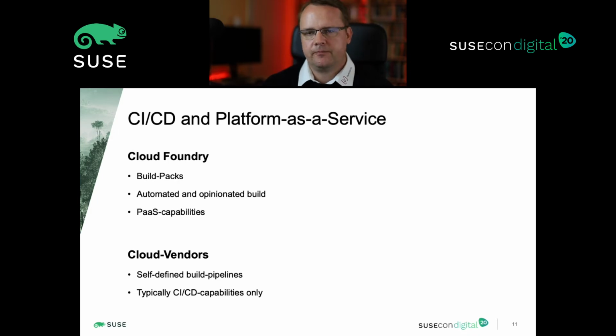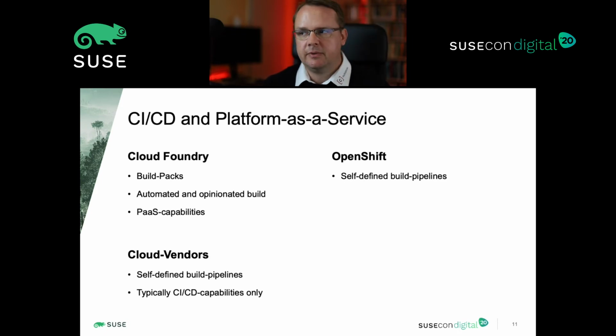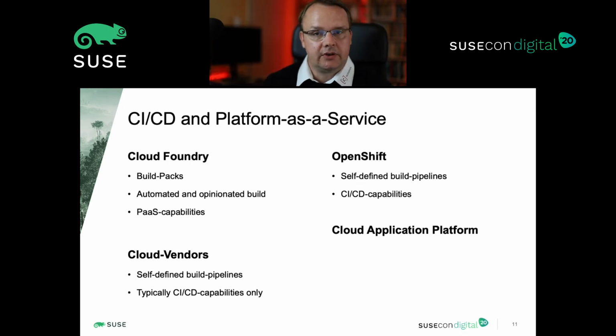Red Hat's OpenShift, then again, is a CI/CD offering as well, or provides us with CI/CD capabilities. So you have those self-defined build pipelines. You have your build server built in. By the way, the built-in build functionality is based upon Jenkins. SUSE's Cloud Application Platform is basically Cloud Foundry with several extras.